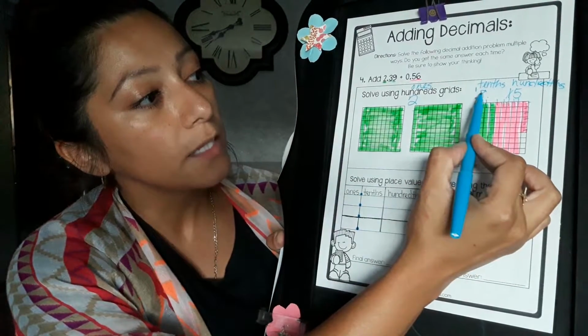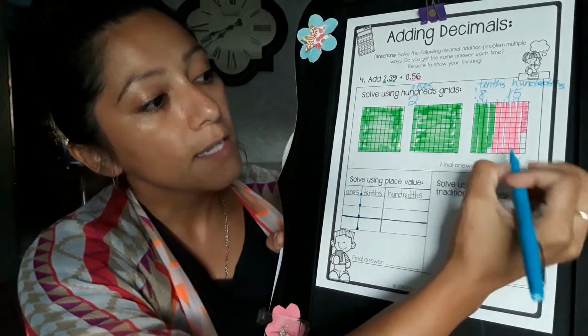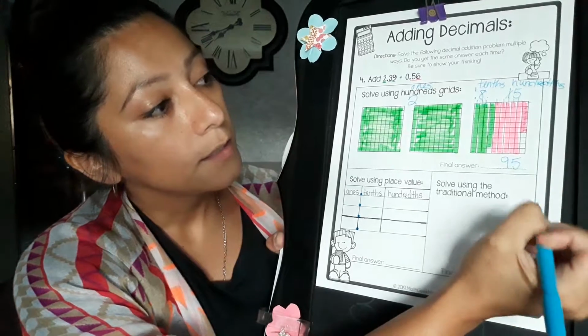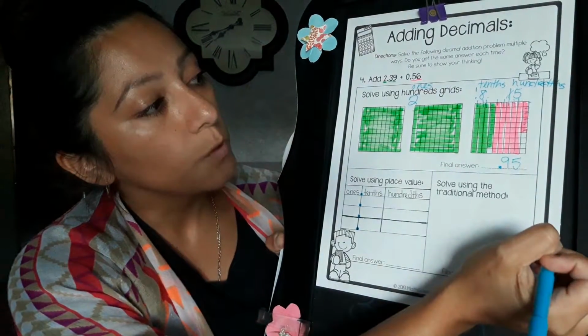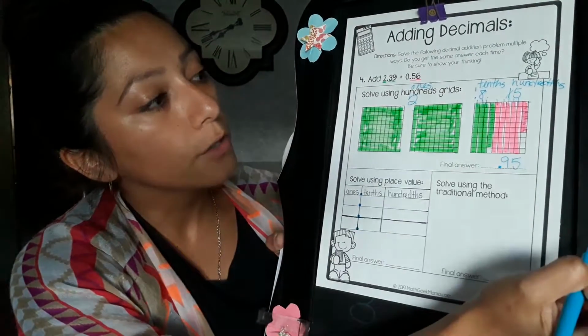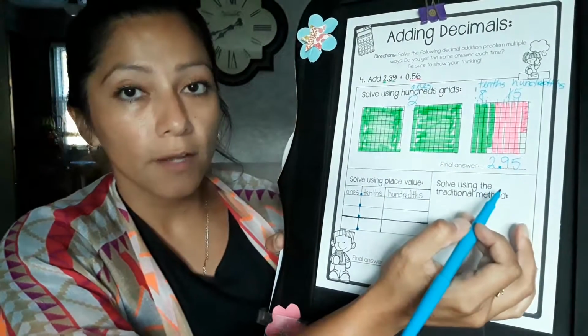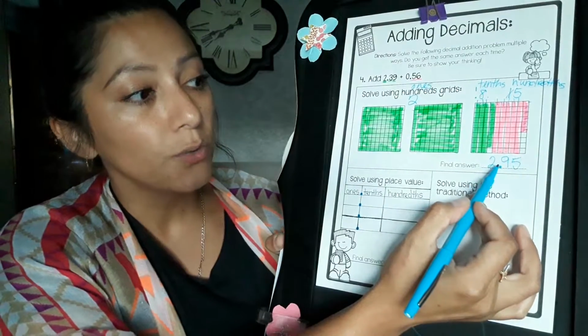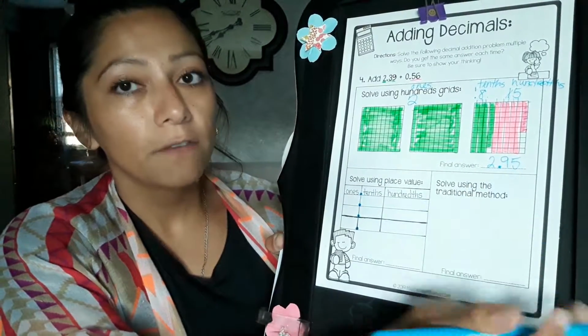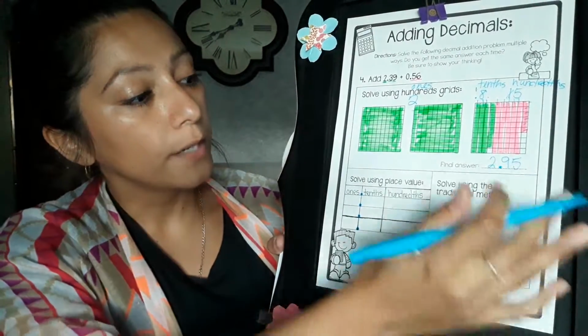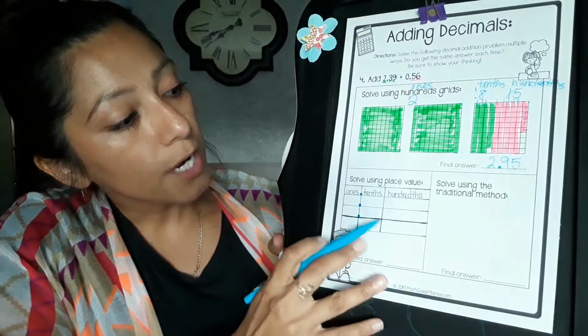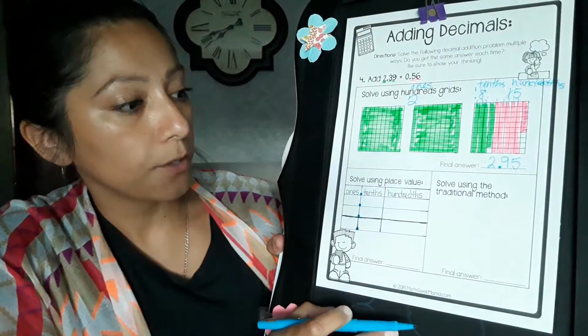So we have 8 plus 1 more is 9. And our decimal. Then we have our 2, which is our ones. So our final answer is 2 and 95/100ths.